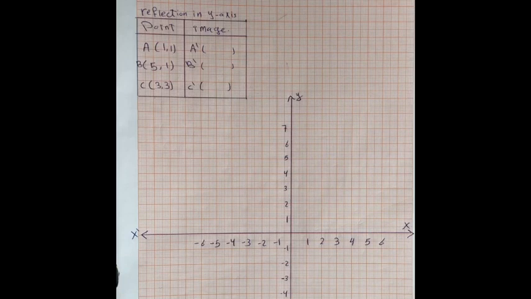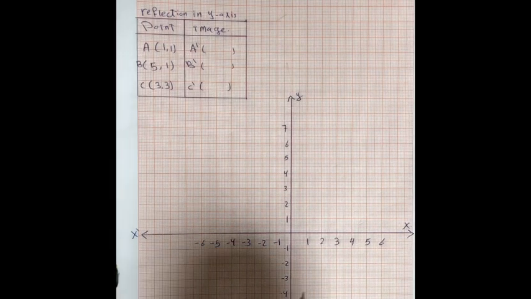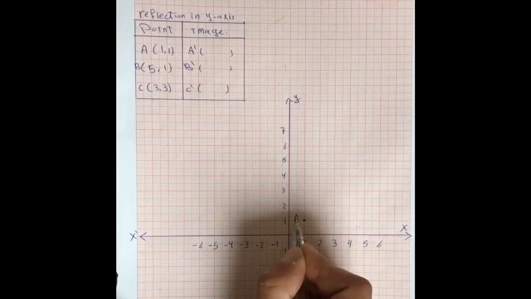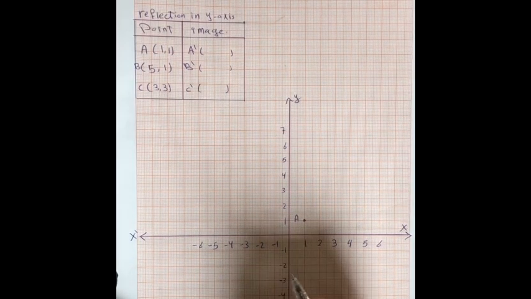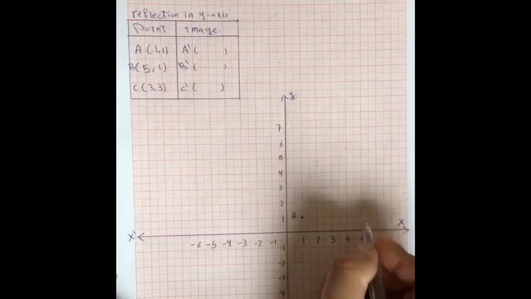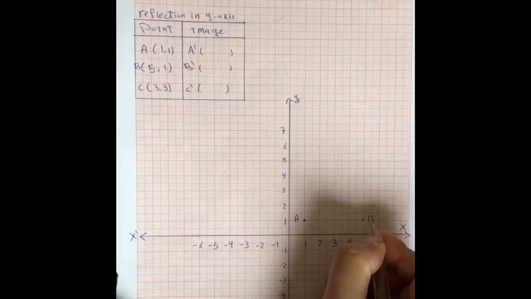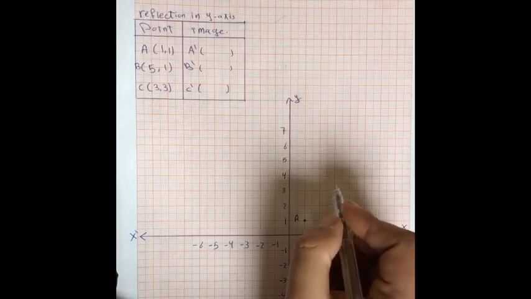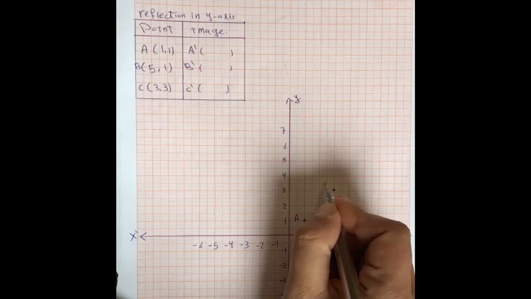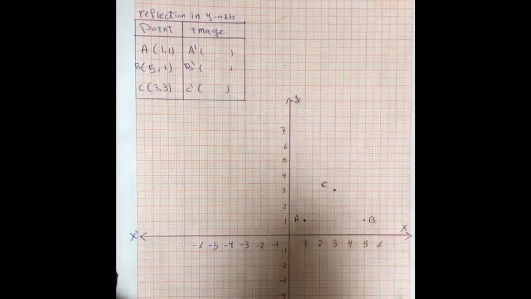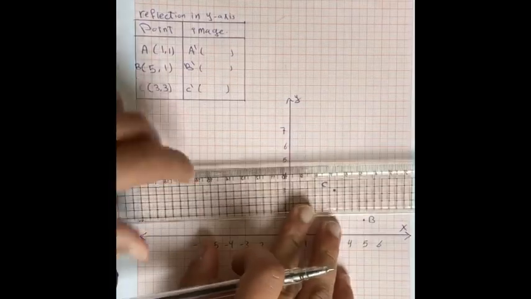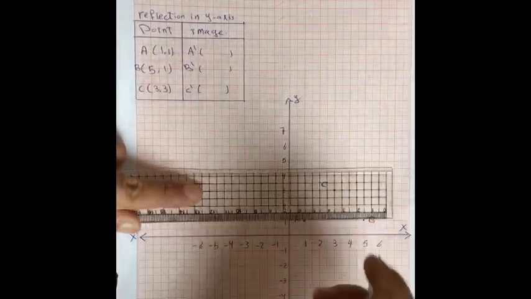So at first, we draw the triangle ABC, where A is the point (1, 1), that's point A. B (5, 1), that's the point B. And C (3, 3), that's the point C. After that, we draw the triangle ABC.